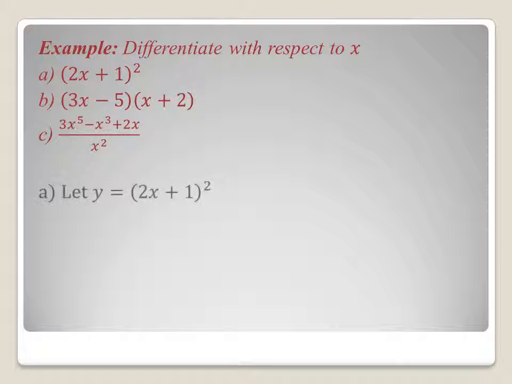In the first question, let y equal (2x plus 1) all squared. Expanding this, y equals 4x squared plus 4x plus 1, and dy/dx equals 8x plus 4.